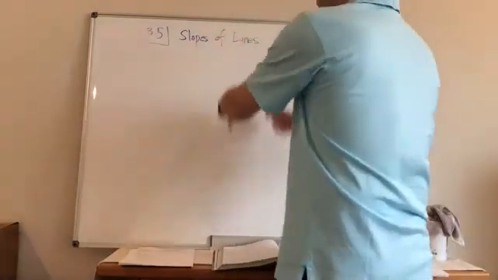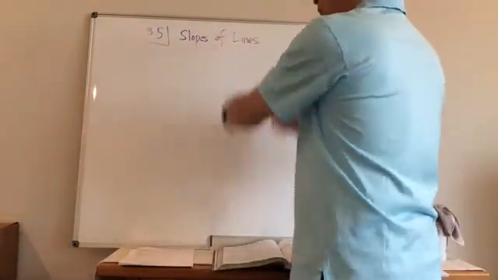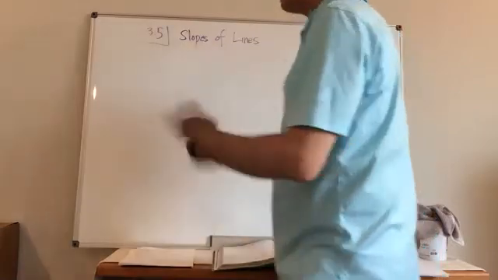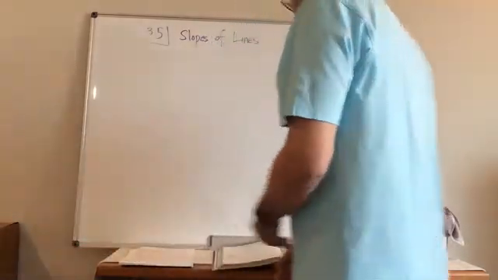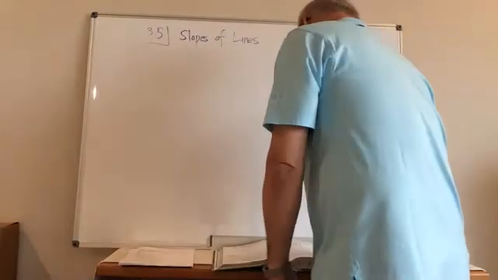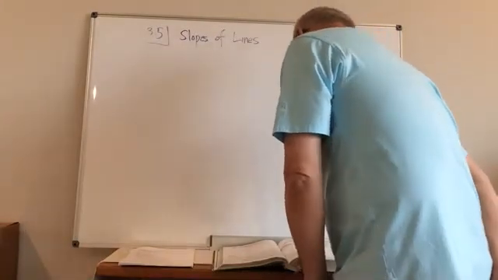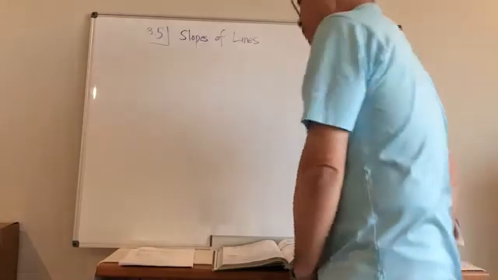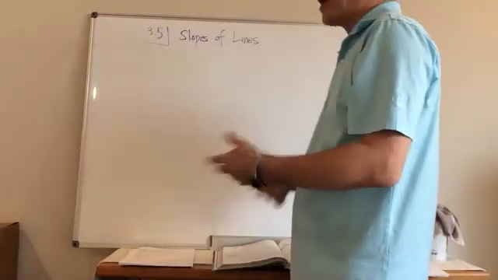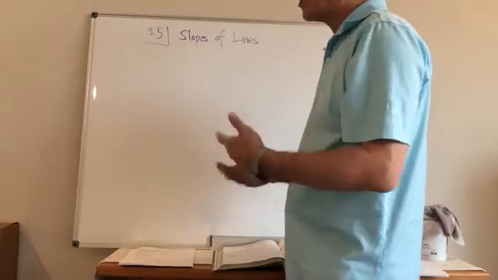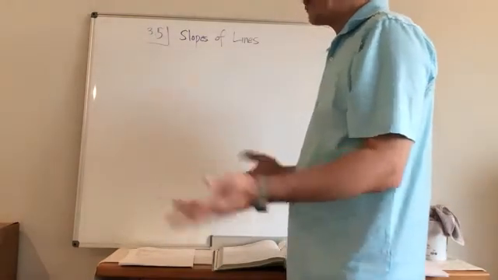Because if they're vertical, you have an undefined slope. You can't say anything about the slope. So when you're talking about vertical lines, you don't say that the slopes are the same, you just say that they're parallel, okay?